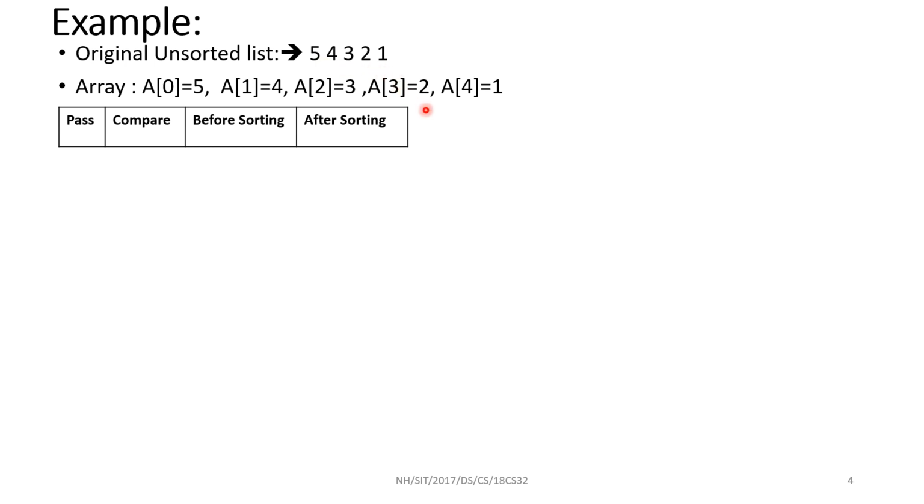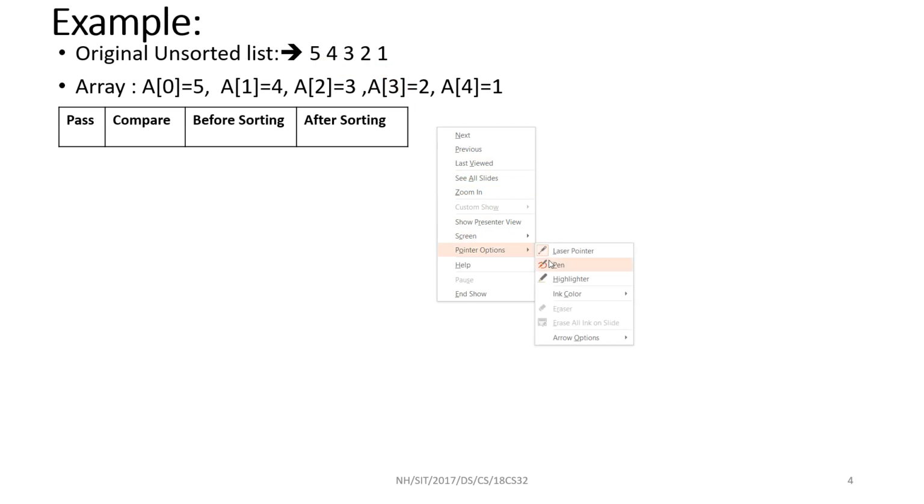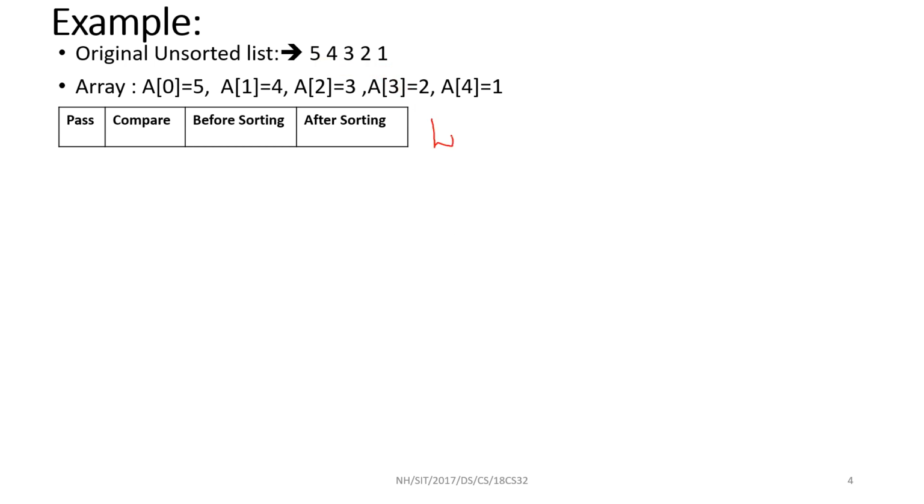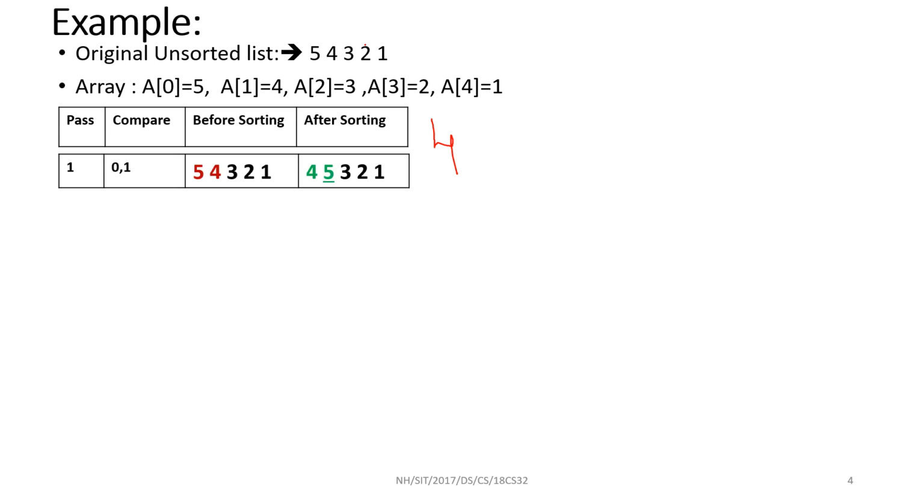The total number of comparisons required in the first pass is 4. Once we get the maximum element, we place it in the last place, and the list becomes two parts: one is the sorted part and the other is the unsorted part.